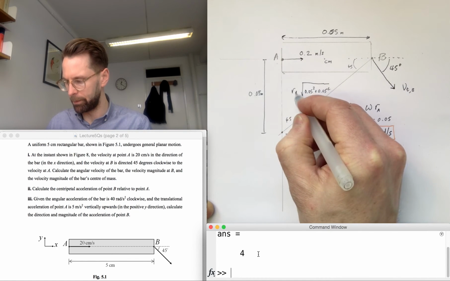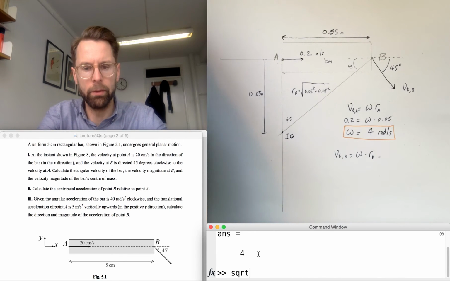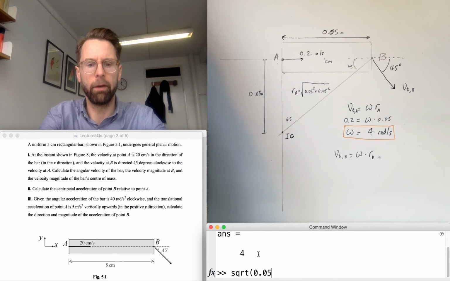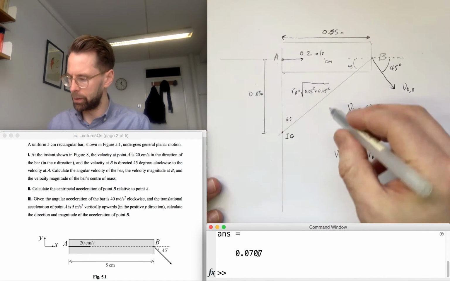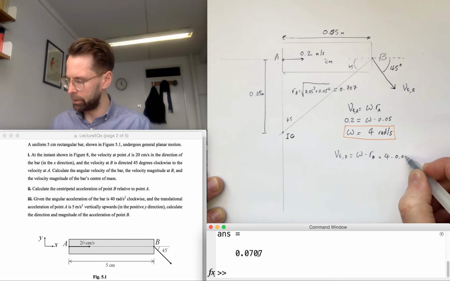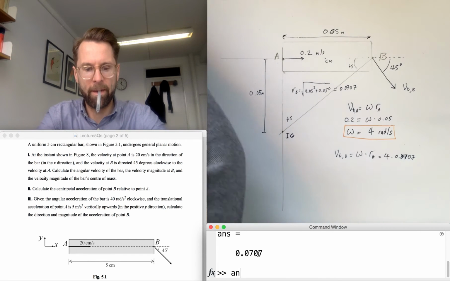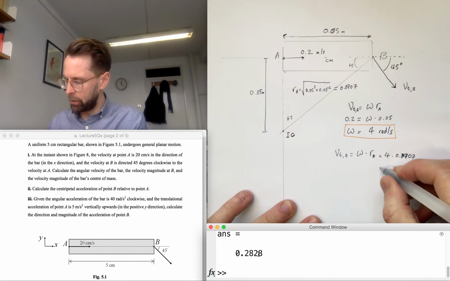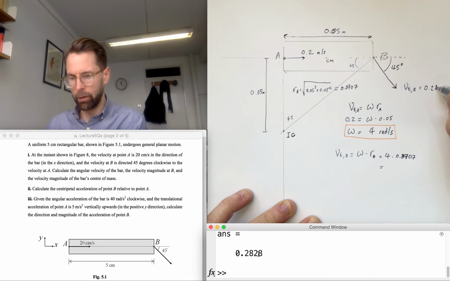That's 0.0707. So 4 times 0.0707 gives you a velocity magnitude of 0.283 meters per second.